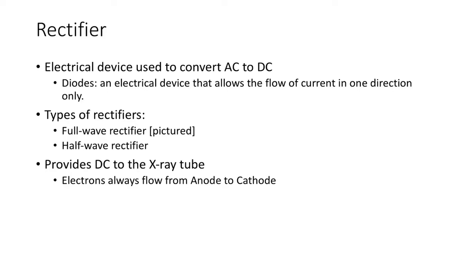An ideal diode only allows current to flow in one direction and never backwards. So you can think of it as an electrical one-way valve. It allows current to flow in one direction, but never in the opposite. Of course, that's an ideal diode.